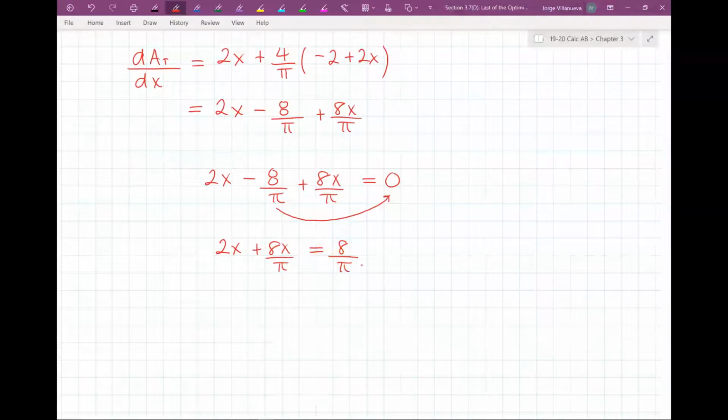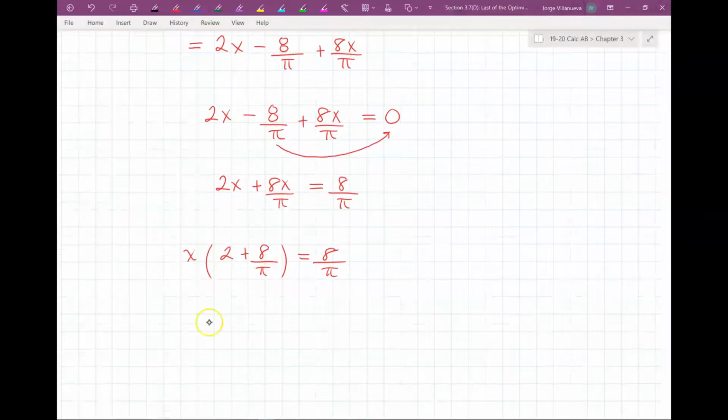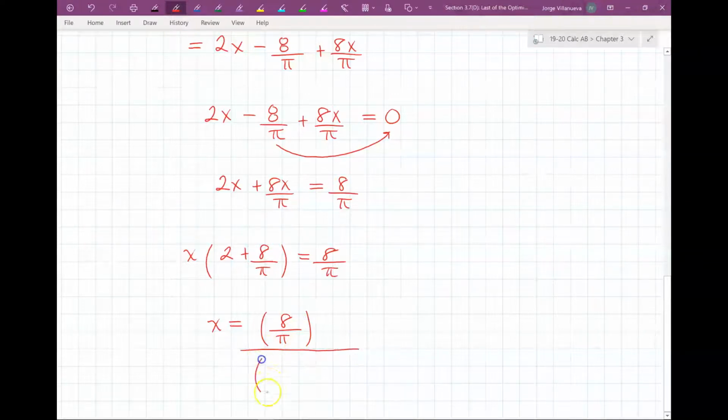Okay, now I'm going to factor out the x from the left side so I can isolate it. So x times (2 plus 8 over pi) equals 8 over pi. So my last step to get x by itself is to divide by 2 plus 8 over pi. So x is 8 over pi divided by 2 plus 8 over pi.